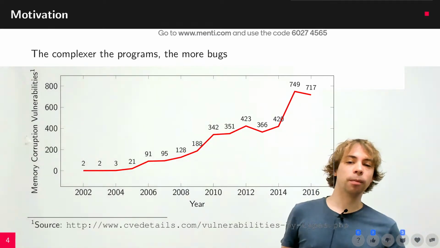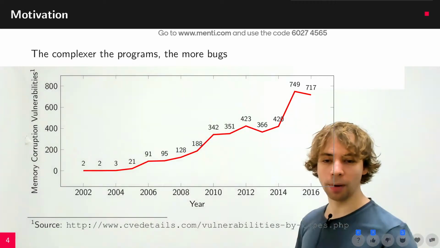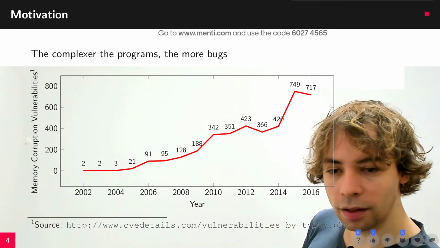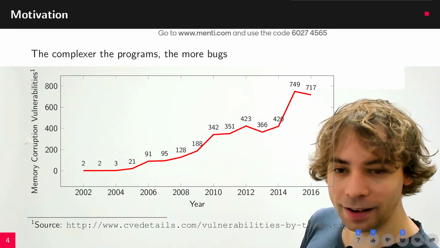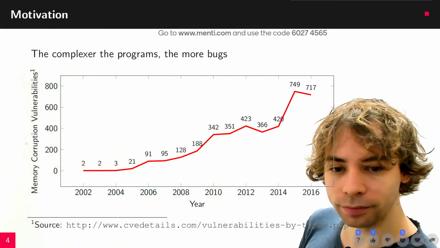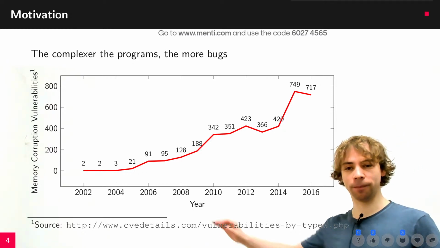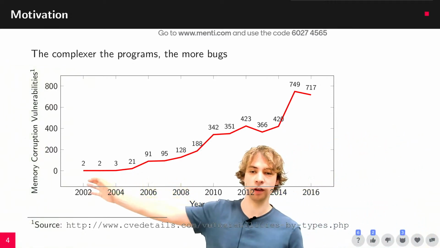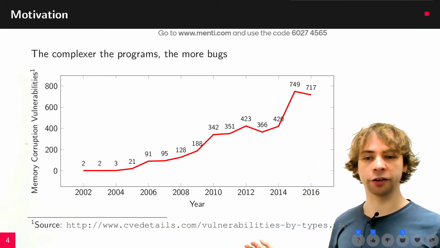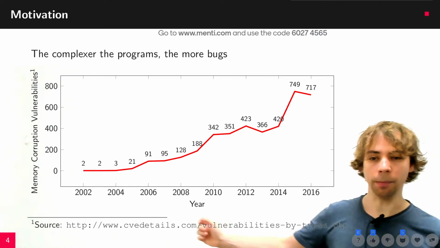So, just to give you some more motivation, why is all of this relevant? Why are we talking about all these memory safety violations? The thing is that they are really, really common. Memory safety violations, if you look at the plot here, that's the statistics from MITRE, about CVEs, and that's vulnerabilities by types.